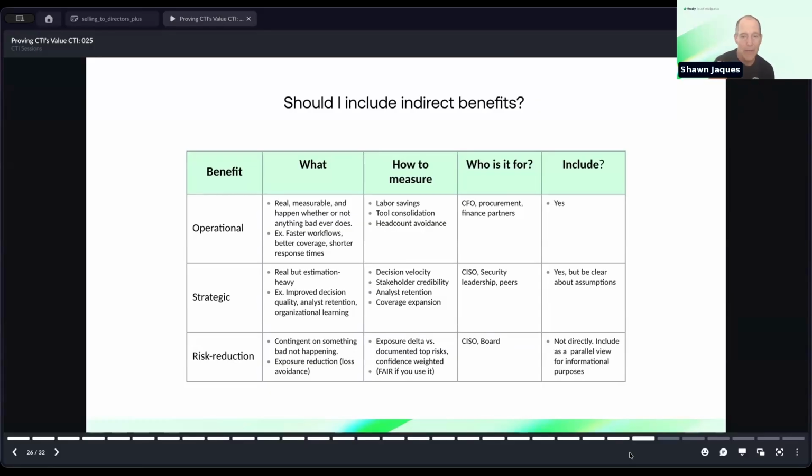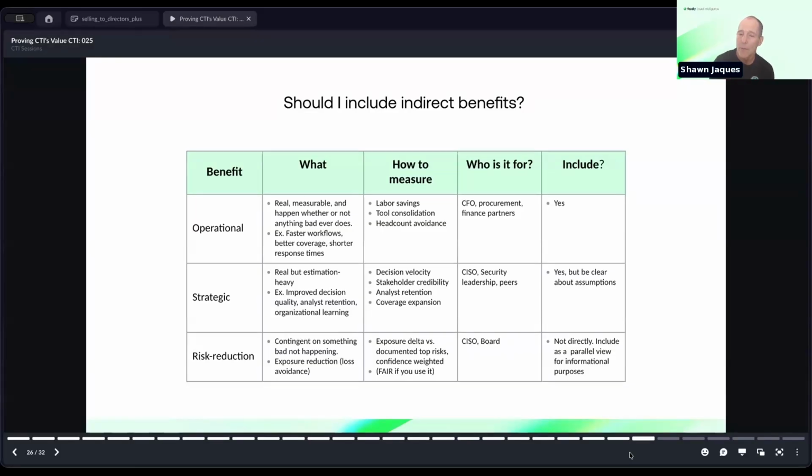They fit into the mindset of somebody in finance or procurement who is thinking about how this impacts our business from a numbers perspective. So they're good to include in ROI, and the more of them you can include, the better. Strategic ones are real too. If you're saving time on decisions you're making, that's great, but it's not easily calculated, and it's really hard for people to get their head around.